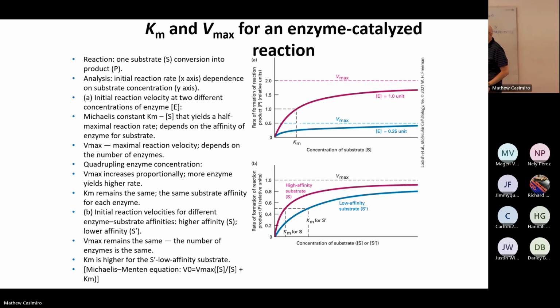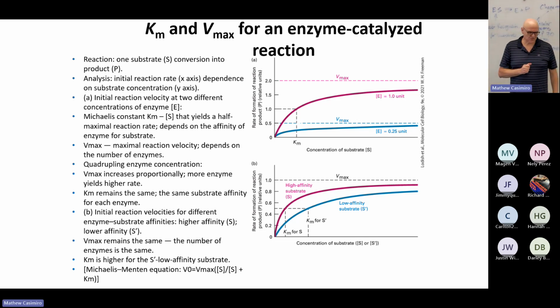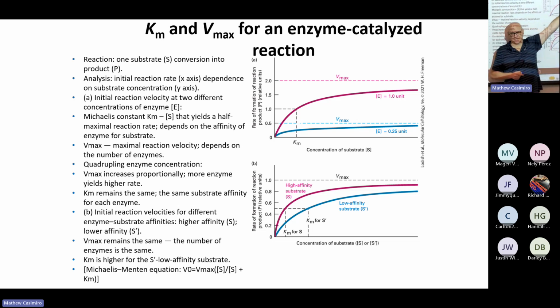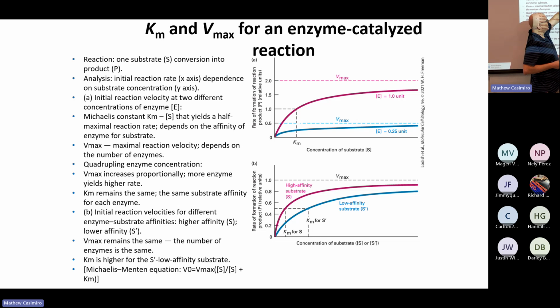A useful measure that comes out of the Michaelis-Menten graph is that when the reaction reaches its maximum velocity, which is called Vmax, we can, from the plot, interpret an important quantity, which is called Km.